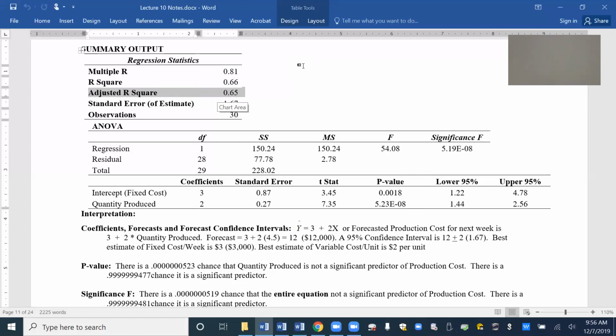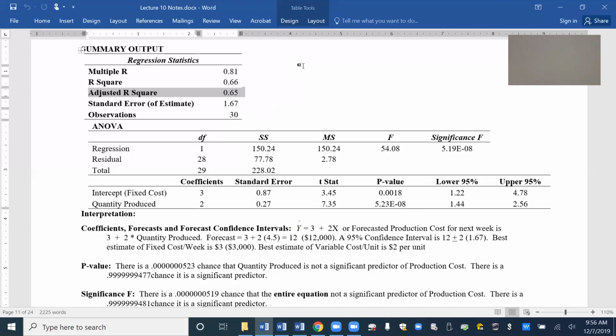Once we take into account the number that we produced and incorporate that in our equation, that explains 65% of the variation in cost.